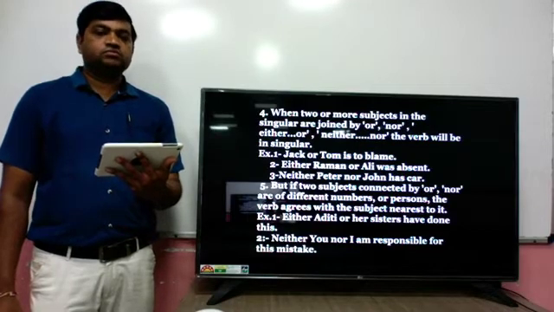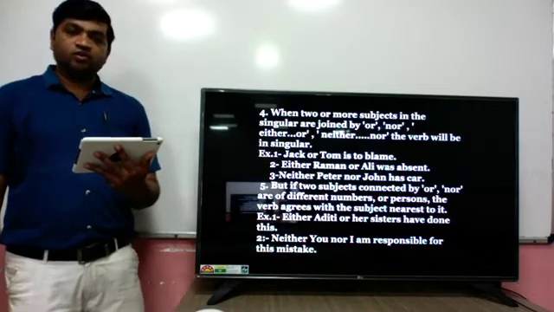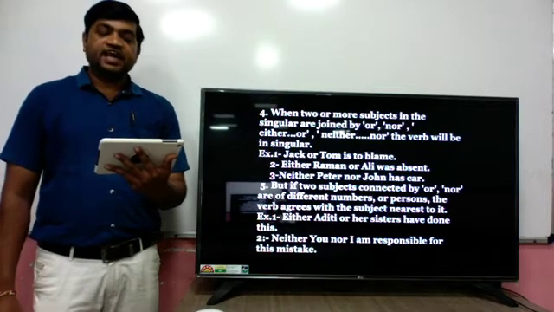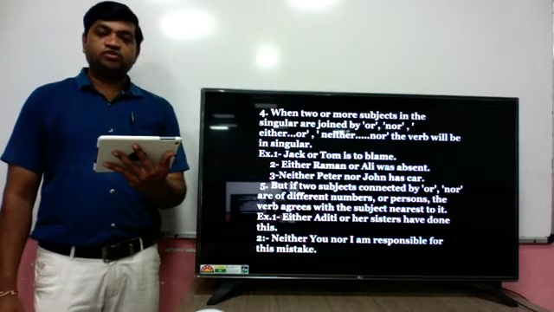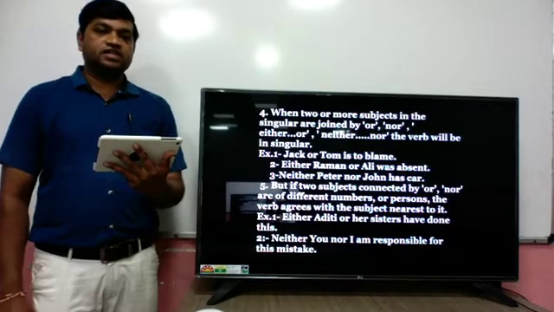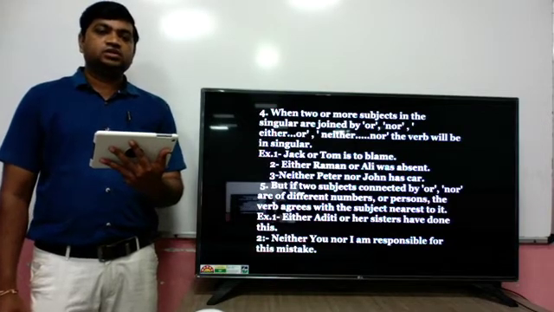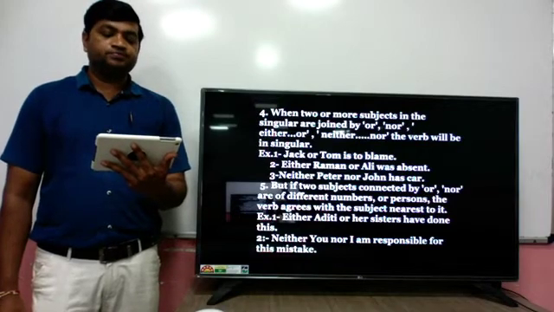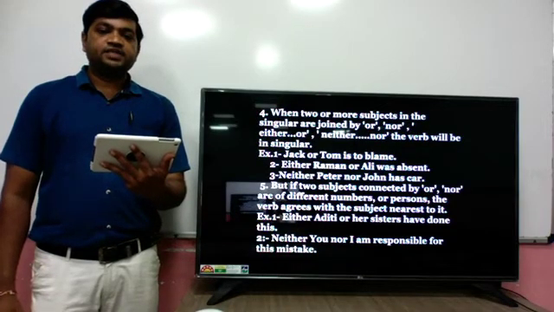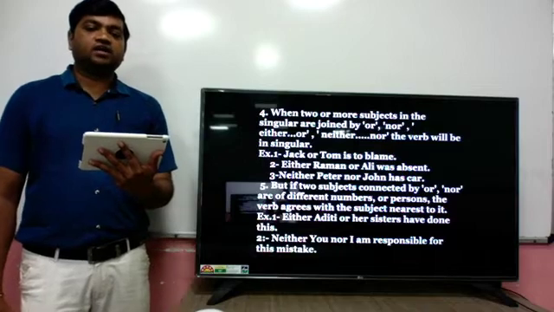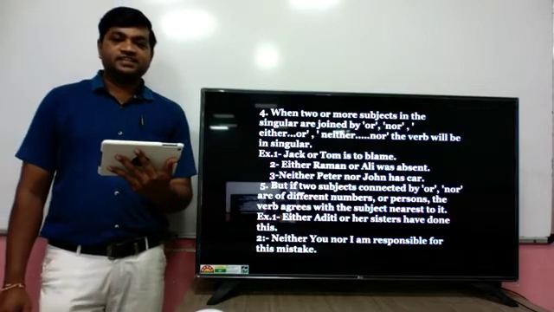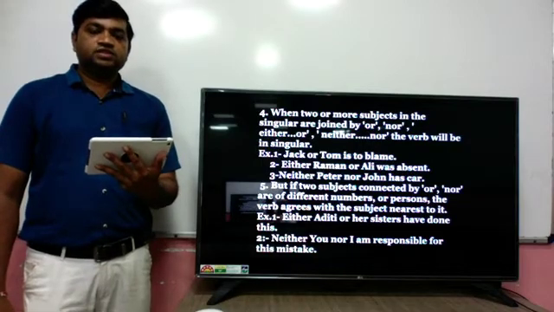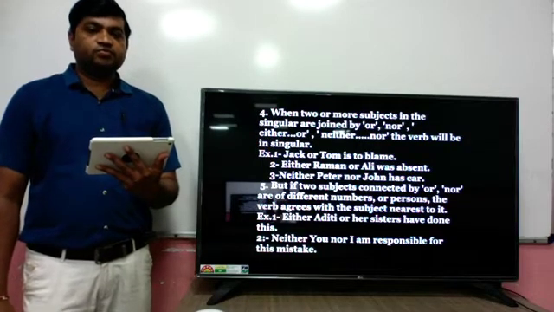Jack and Tom are both joined with the word "or", that's why we use "is". Then, either Raman or Ali was absent. Here we use "either or", so we use a singular verb. Then, neither Peter nor John has a car. Here also the sentence is joined with "neither nor", and we use the verb in singular form.